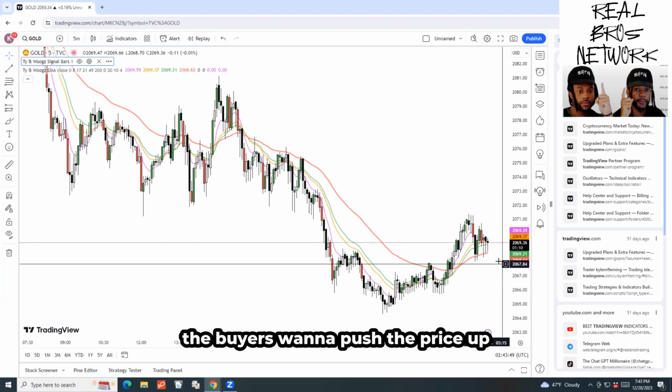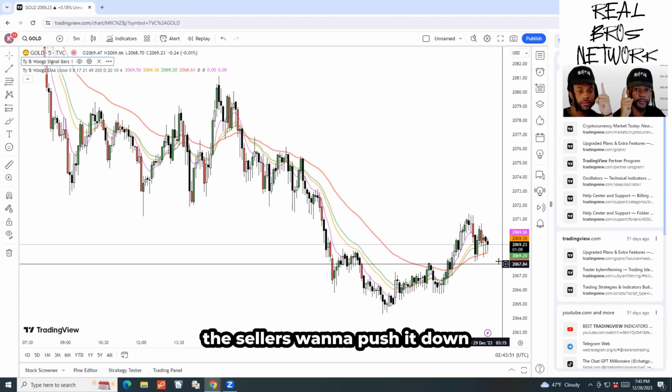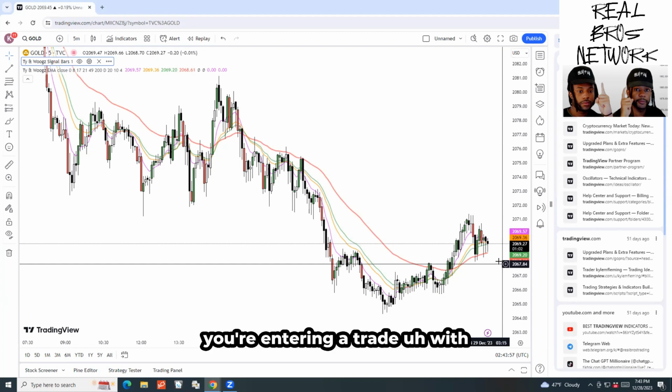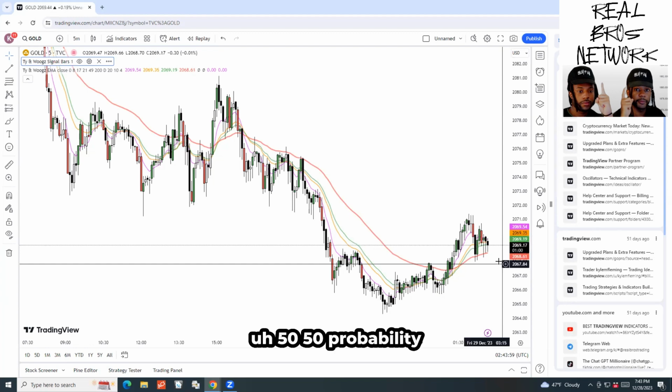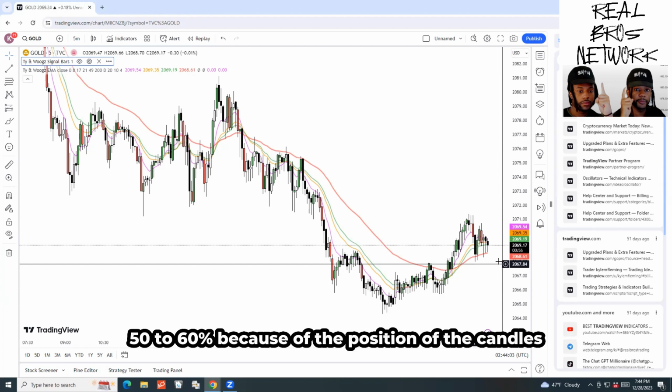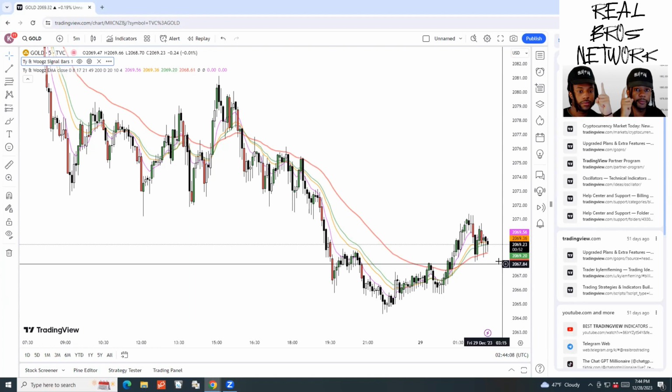The buyers want to push the price up. The sellers want to push it down. So when you enter a trade in these types of areas, you're entering a trade with 50-50 probability. The probability of hitting this trade is going to be 50 to 60% because of the position of the candles.